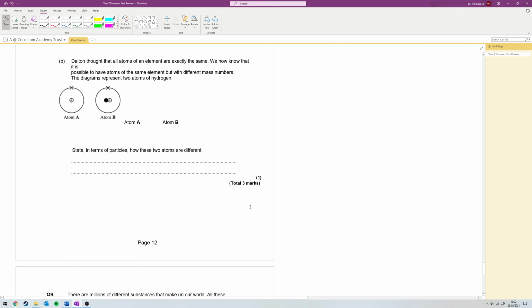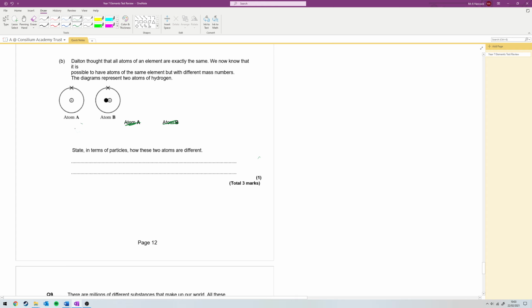Right, again, B. This one you would be able to do. Sorry that these were a little bit misaligned, these 2 statements here. It says, state in terms of the particles, how are these 2 atoms different? Now, if you knew the names of them, that would be very good, because we'd learn a little bit about protons, neutrons, and electrons.